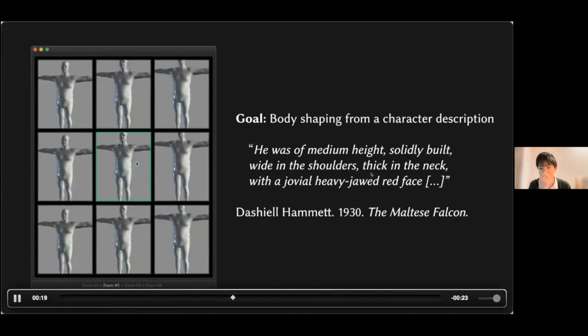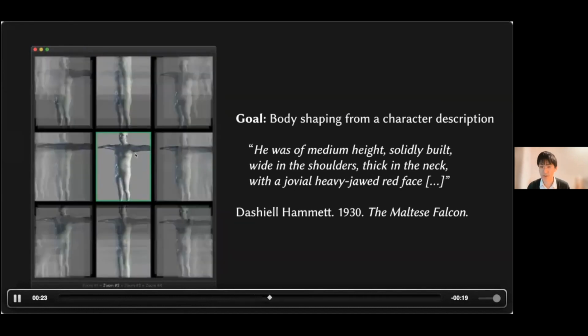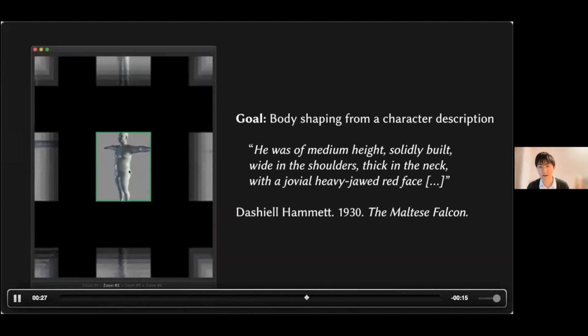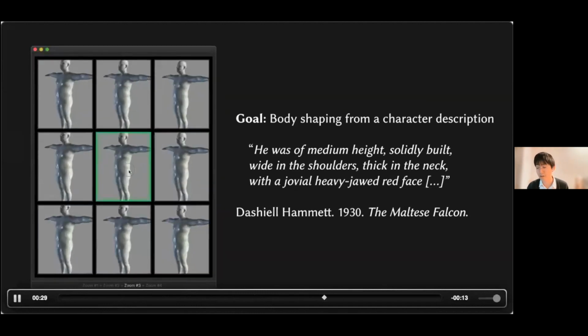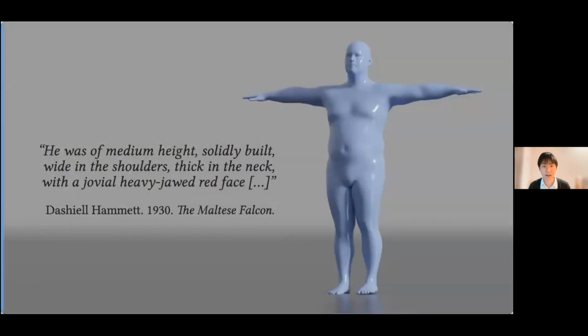The user generates an appropriate body shape for this character. Or in other words, the user expresses the mental image of this fictional character. And in this case, after 7 iterations, the user got this model from this text description.